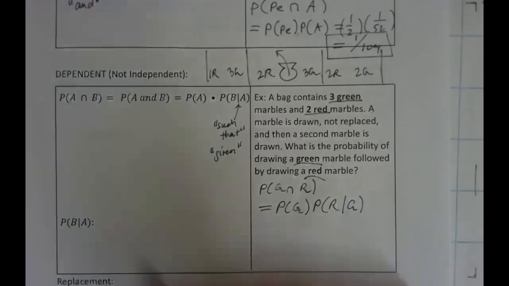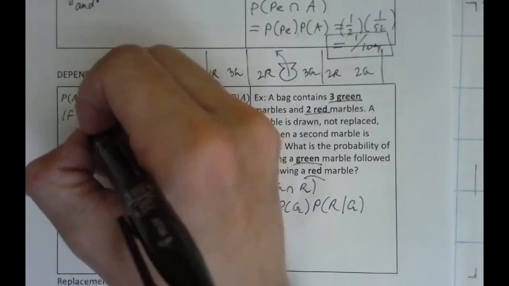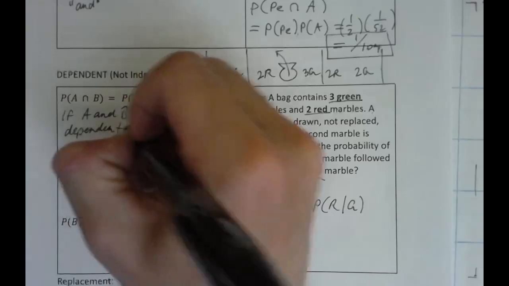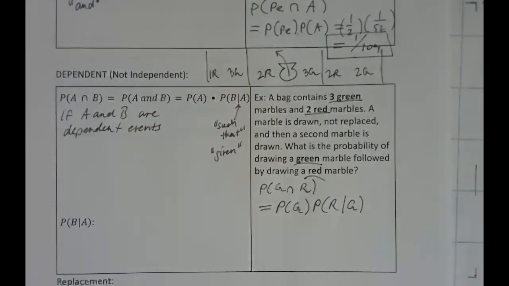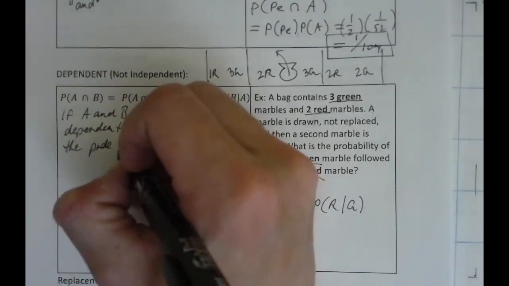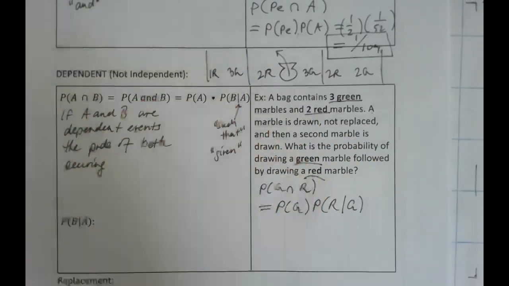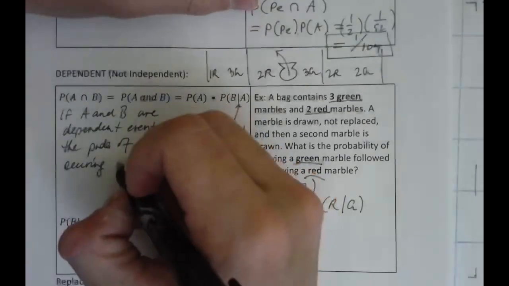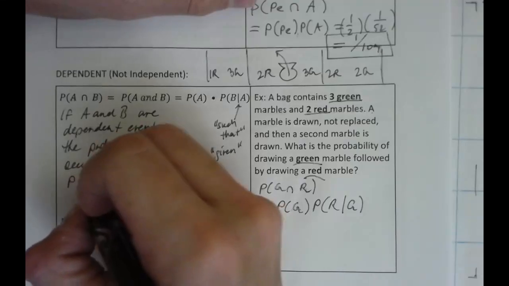So essentially, if A and B are dependent events, the probability of both occurring is the probability of the first and the probability of the second after the first has occurred.